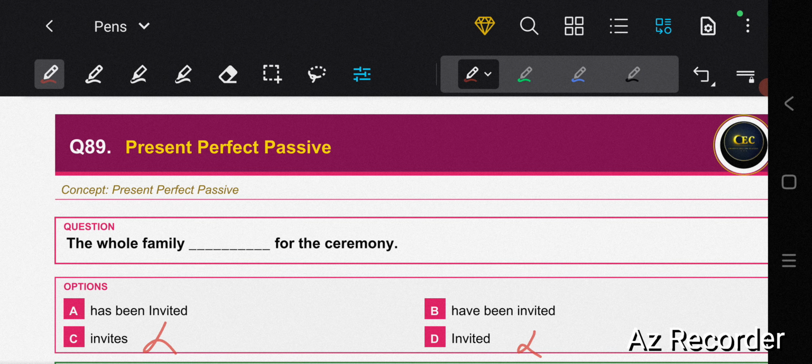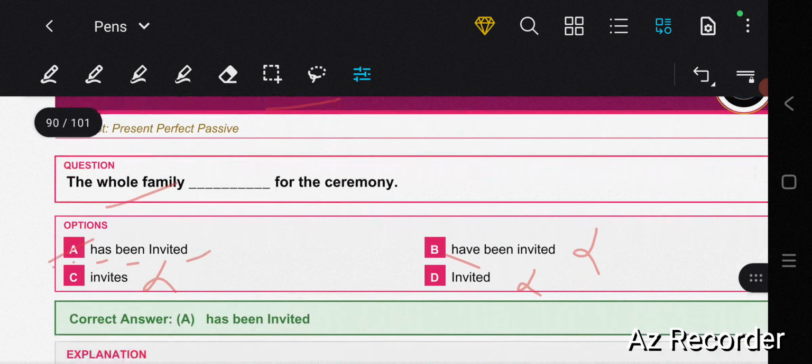And now there is has been invited, have been invited. A kind of confusion maybe, but those who have the understanding of the perfect will not be confused. The whole family, it's third person singular. Okay, so it shows a kind of unit. So it's the plural form of the verb, and this one is the incorrect one. Option A, there we see has. Okay, and passive, been and invited, it's also correct. So option A is the right option for the question.